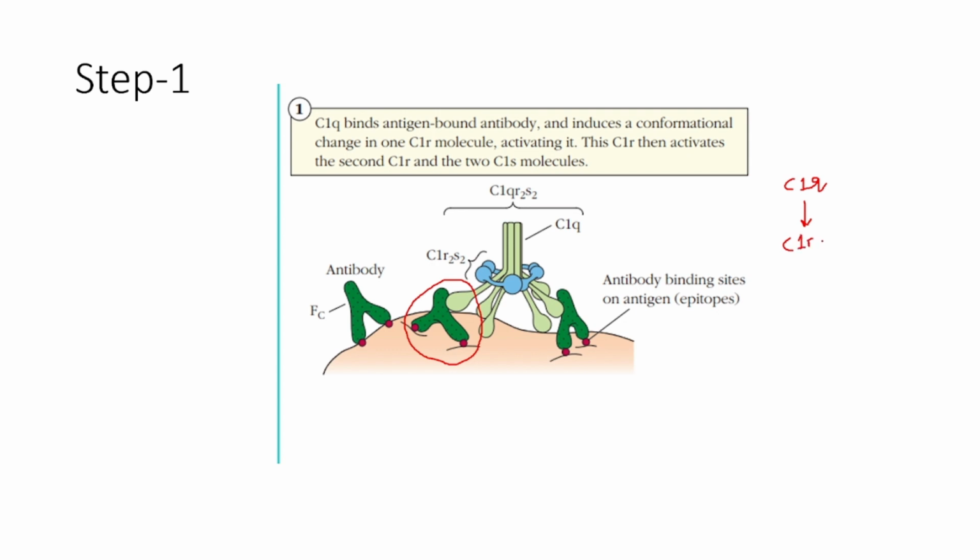So one C1R subunit then activates its partner C1R subunit. This C1R subunit then activates one C1S subunit, and this one C1S subunit, like as before, activates the other C1S subunit. Okay, so in this way the entire C1 complex is activated.